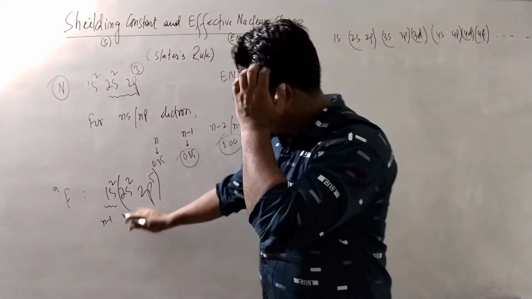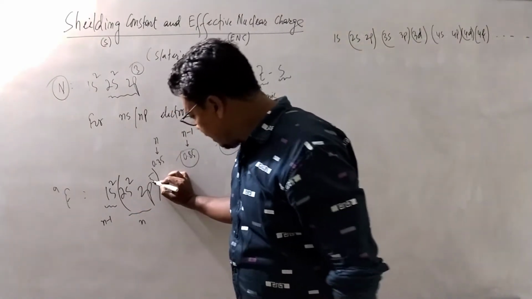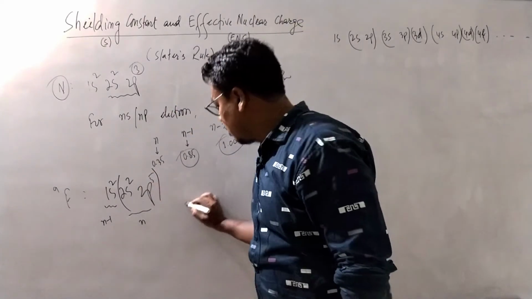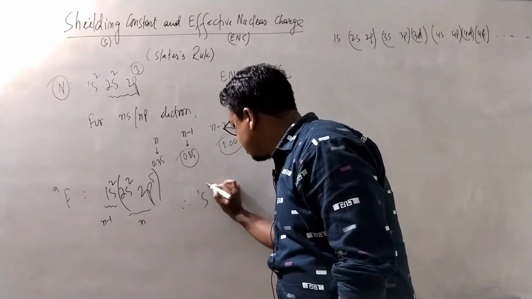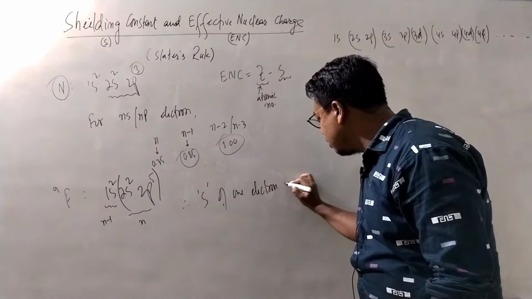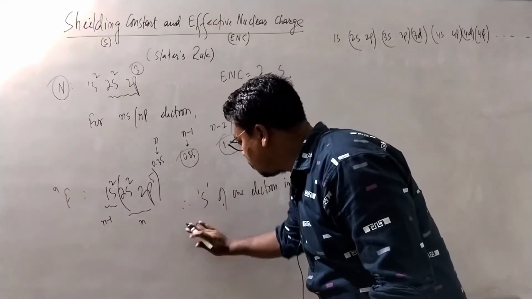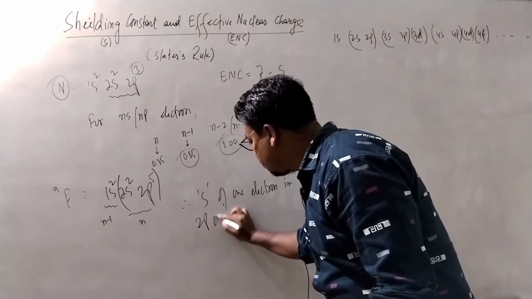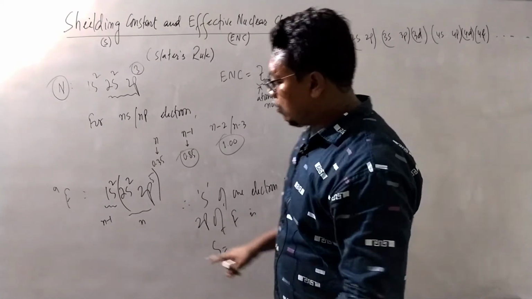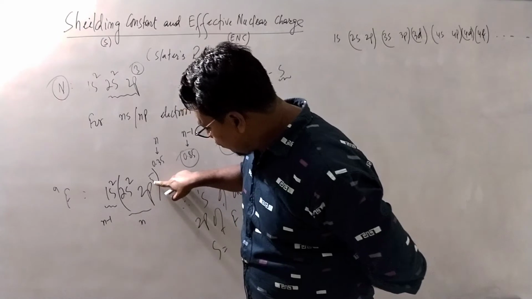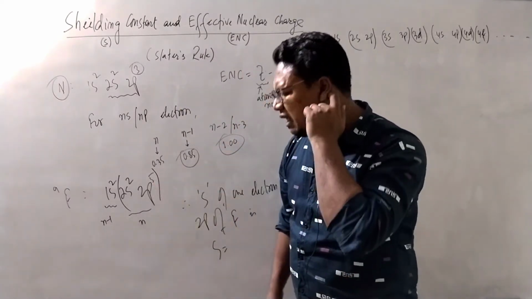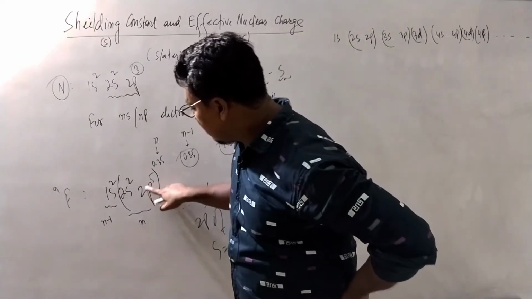So for one electron in 2p of fluorine, if I remove that particular electron for which we are going to calculate the shielding constant, how many electrons are left in 2p?